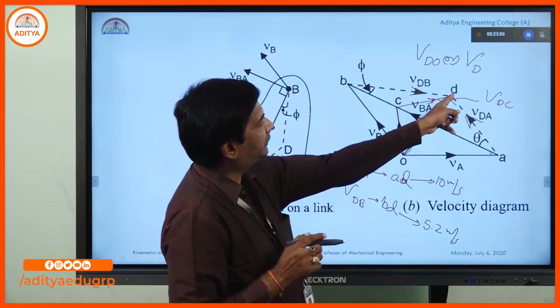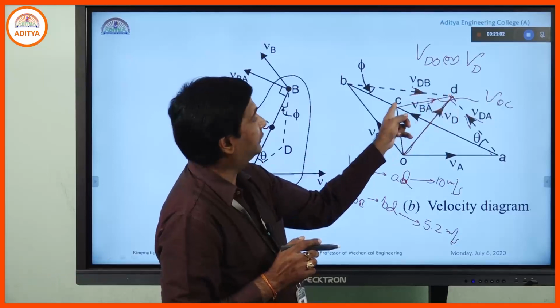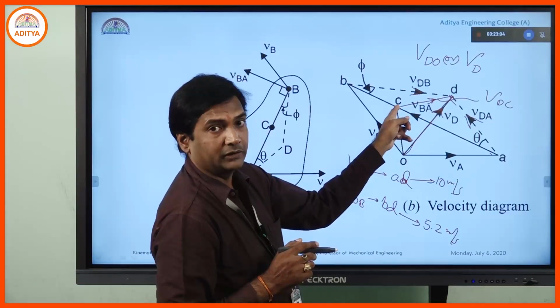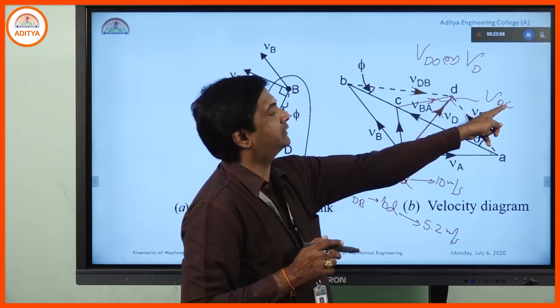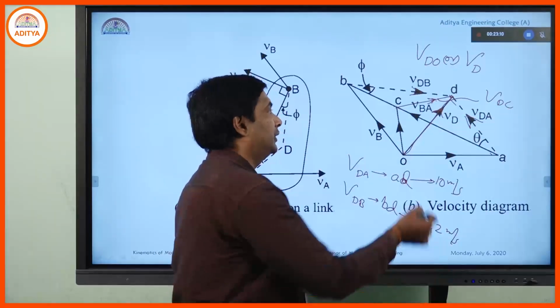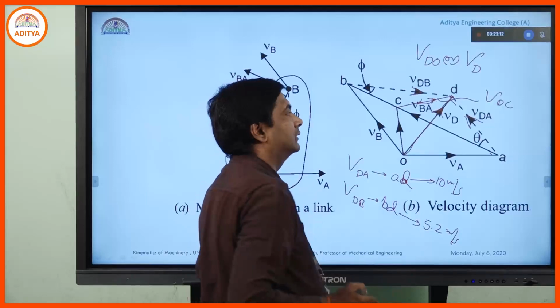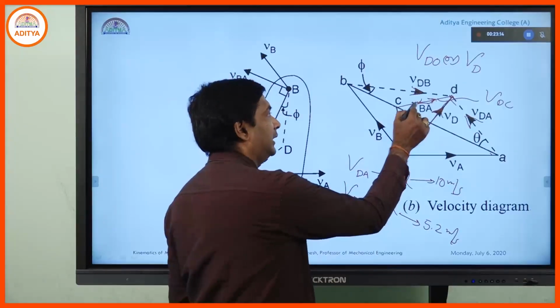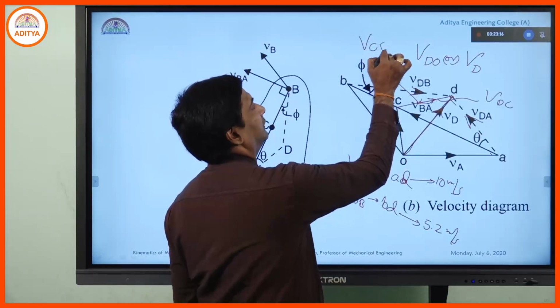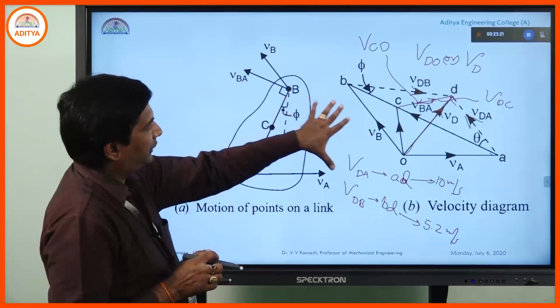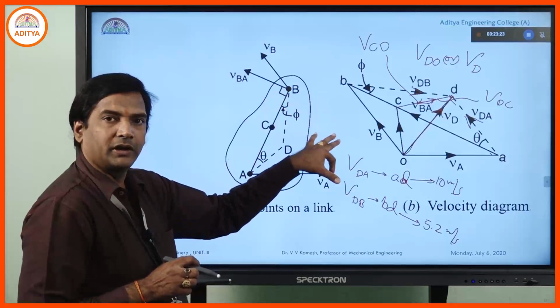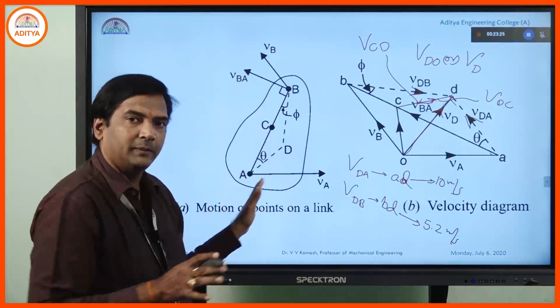This is the head point D. This is the tail point C. Then I will call it velocity of D with respect to C. Suppose I make the reverse direction like this, D to C. Then I will call this velocity of C with respect to D. So whether it is in the upper direction or the lower direction, it is completely immaterial.